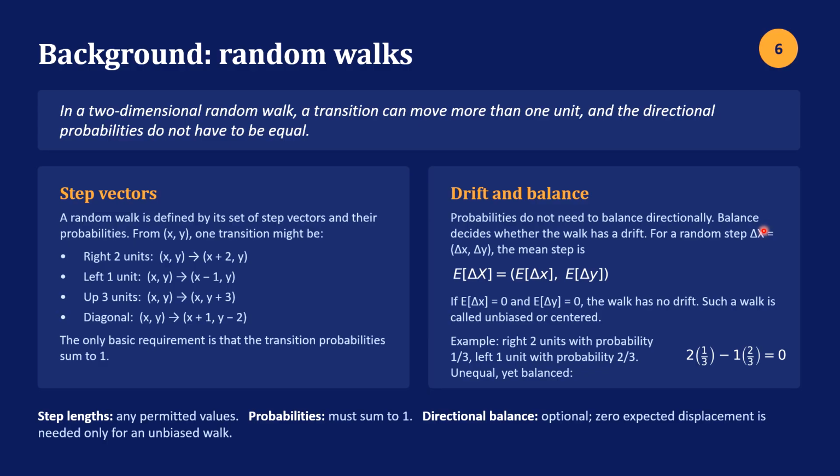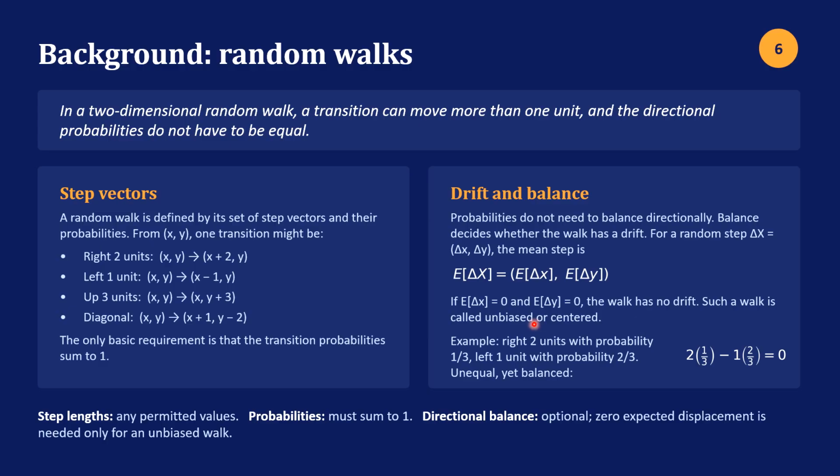You have a random variable, delta x, and it has these two components, small x and small y. And if the expected value of this is just the expected value of each component, if those two components have expected value 0, then the random walk has no drift. And such a walk is called unbiased or centered. That just means that the expectation is you're going to come back to where you started.